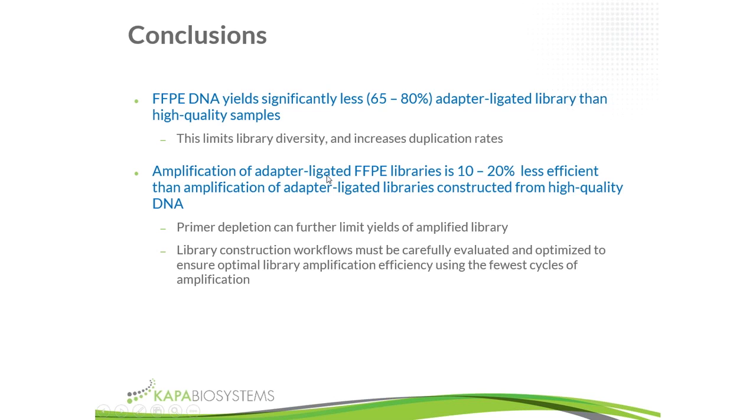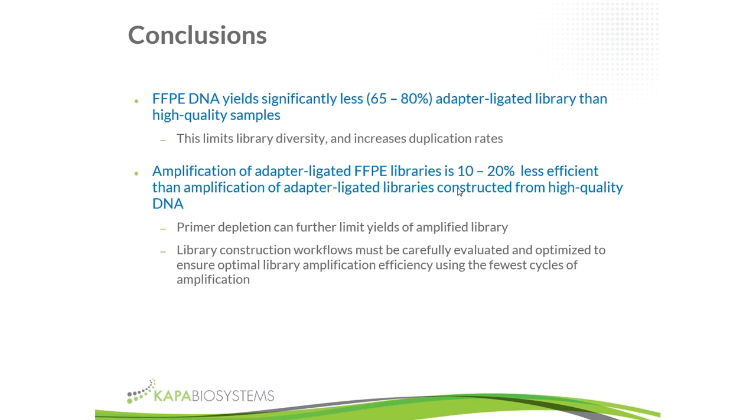If amplification efficiency is not limited by primer depletion, yes, FFPE DNA does amplify a little less efficiently than good quality DNA, as we expected, but the overall effect is much lower than we thought because of exponential amplification. If you take the same amount of adapter-ligated library from FFPE versus good quality DNA, the real effect lies basically in the first cycle of amplification.